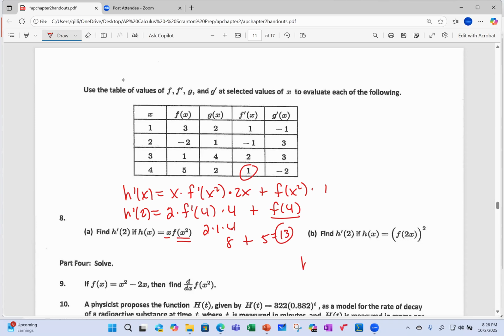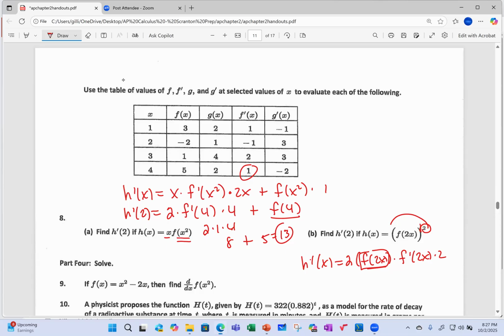And this one here, h prime of x, start with the outside because that outside is a power function. So you've got to drop it down, repeat the inside, but the derivative of the inside is f prime of 2x times 2. Again, this is a function within a function within a function.